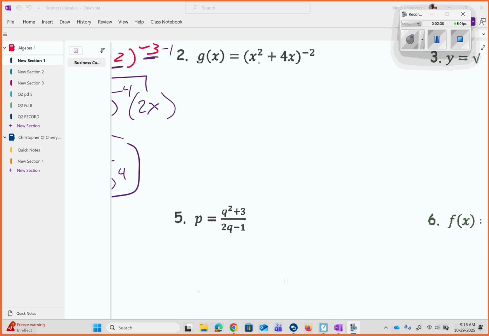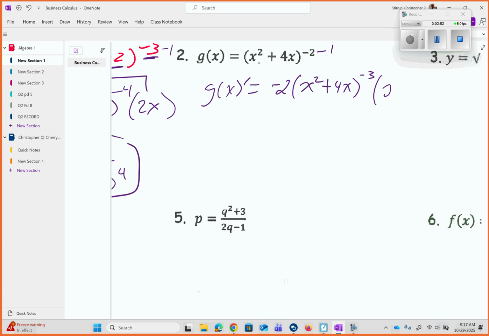All right, so it's already set up to do the derivative. So for the derivative, I'm going to bring the exponent out front times what's inside the parentheses. Make sure you subtract 1 from this so you get negative 3. Then take the derivative inside, so I get 2x plus 4. And so my derivative is going to be, this needs to move down.